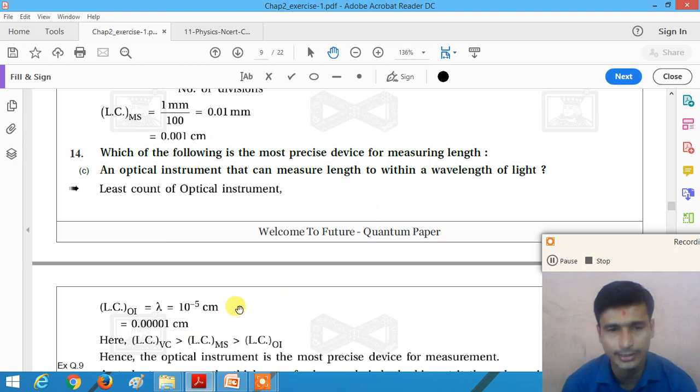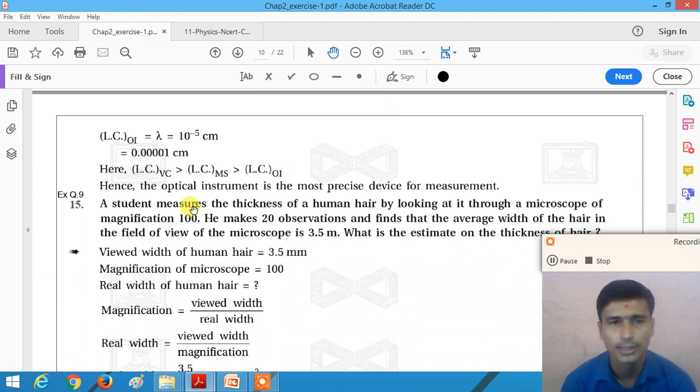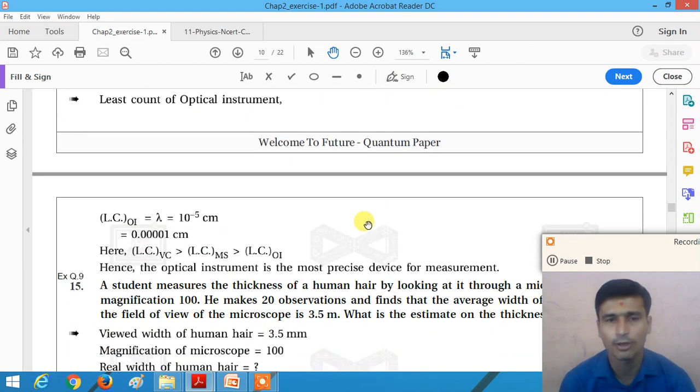So the least count of the vernier calipers is greater than the least count of the micrometer screw gauge, and the least count of both the vernier calipers and the micrometer screw gauge is greater than the least count of the optical instrument. So in all the instruments, the optical instrument has the least count, right? Optical instrument's least count is the smallest. So we can measure the precise length with the help of the optical instrument, right? Understand, dear student?